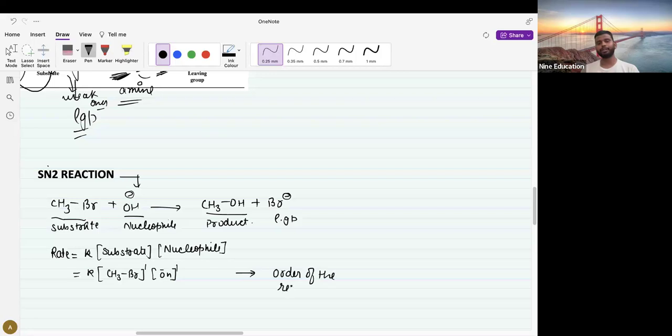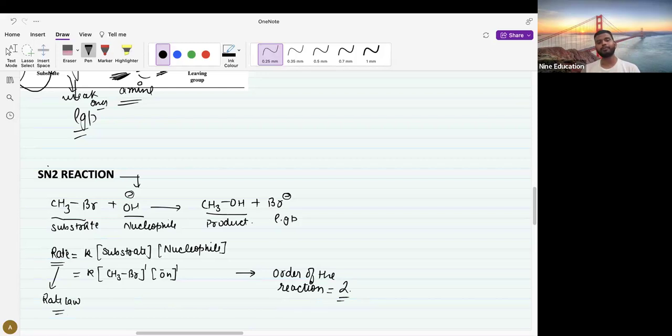We will understand what is rate and order in chemical kinetics, your next chapter. Sir will teach you chemical kinetics. So rate is how fast the reaction is going, रिएक्शन में कितना धीरे या कितना तेज reaction चल रहा है. For that we write the rate of the reaction. This is given by rate law.